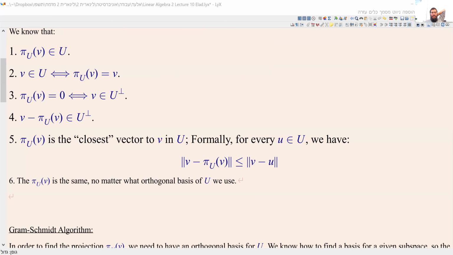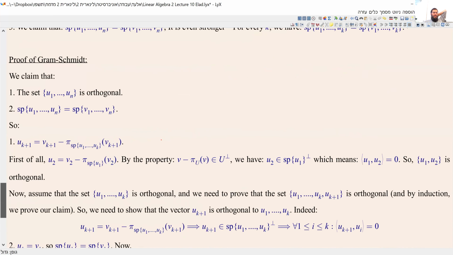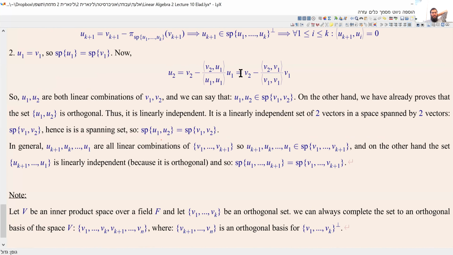I don't think I need it explicitly in my new inequalities, so I'll just write them down, but notice that it's not something completely new. We've already talked about inequality.